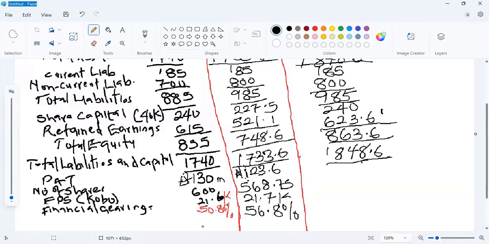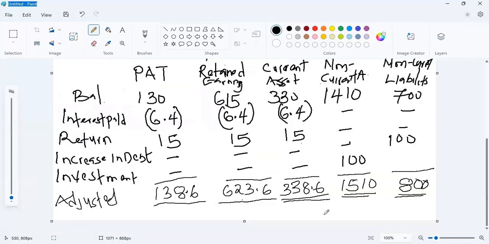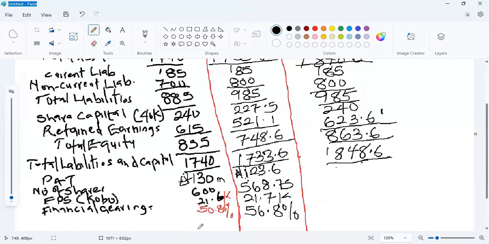Profit after tax now, after adjustments, 138.6. Number of ordinary shares still remains 600 million. Now calculate earnings per share for me.